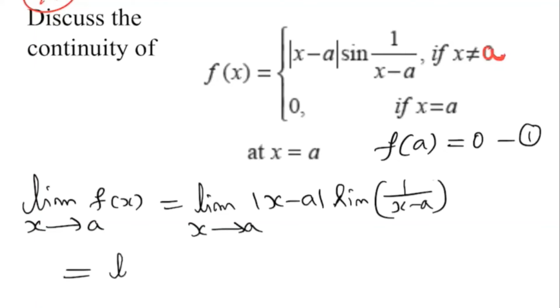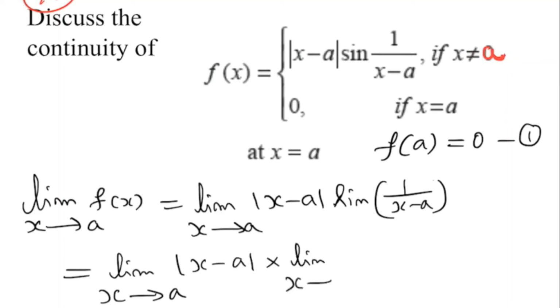Using properties of limits, separately you can take limit for mod of x minus a, and for sine of 1 upon x minus a. That is limit of sine of 1 upon x minus a as x tends to a.